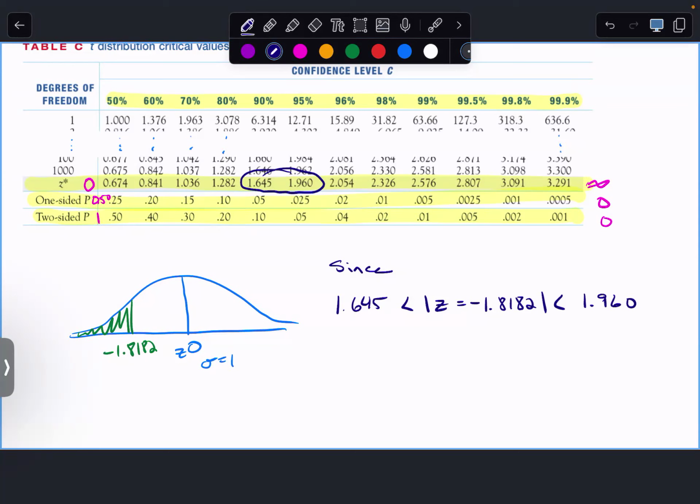Why are you going to do this step? Because if you're hurrying and stressing out, and for some reason you tell me that 1.8182 is somewhere between these two values, but then you followed through with that, that's fine. That's okay. That's like half a mark off. It's no big deal.